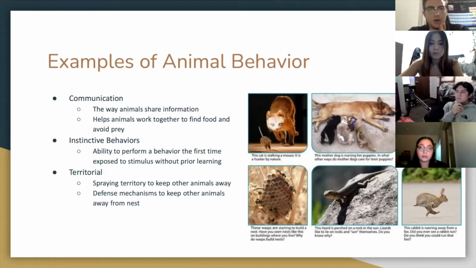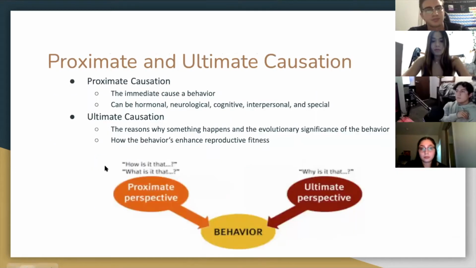For example, newborn babies nursing with their mother. And then they can also have territorial behaviors, as in spraying territory and defense mechanisms to keep other animals away from their territory or their nests.